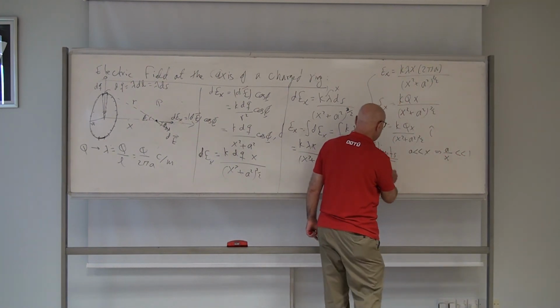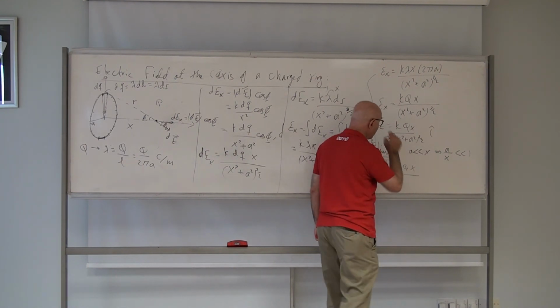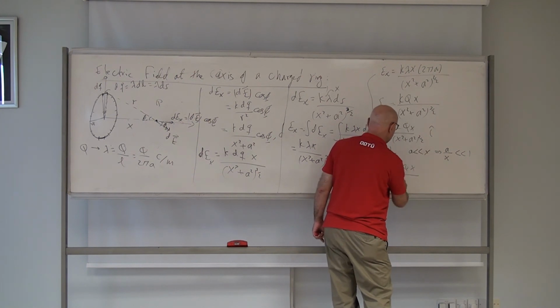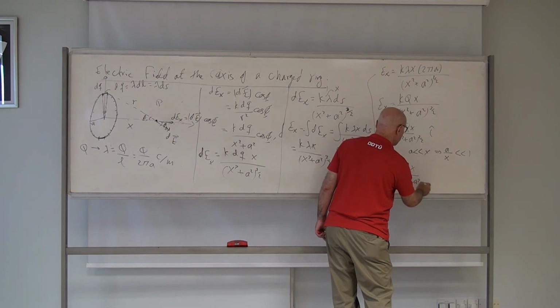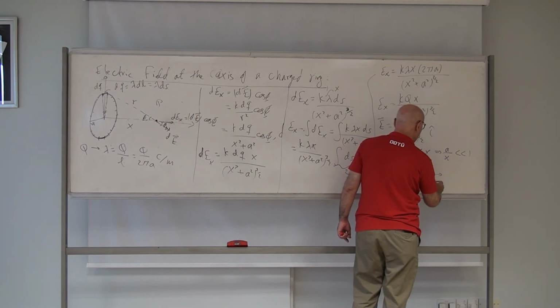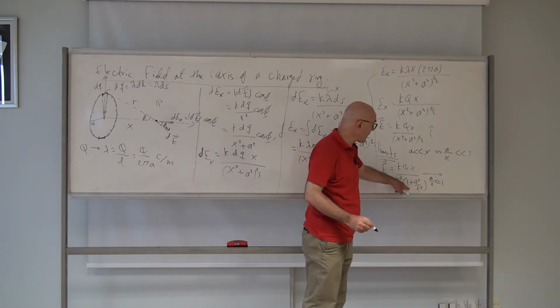In this case, E, which is kqx, you take x as a common factor, so it goes like x cubed multiplied by 1 plus a square over x square. Now, when a over x is much less than 1, you can ignore this in comparison to 1.